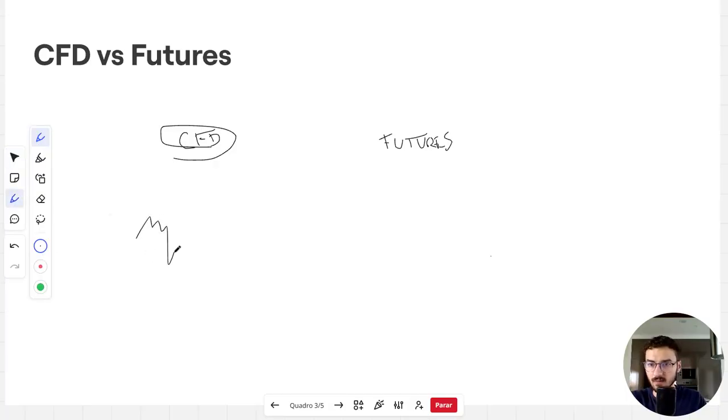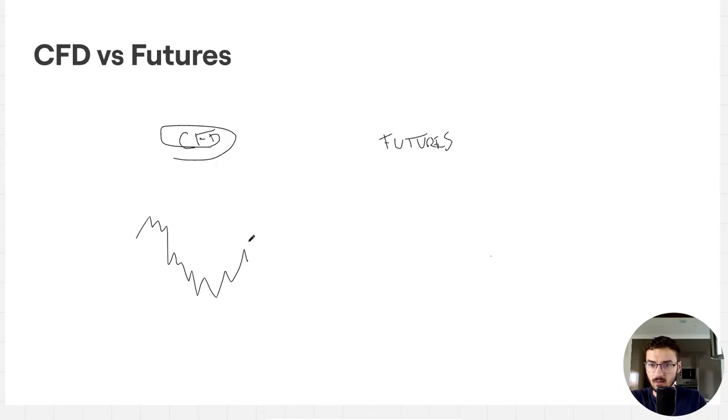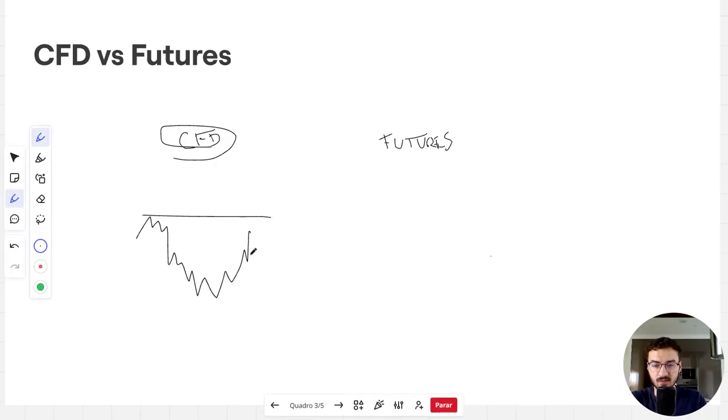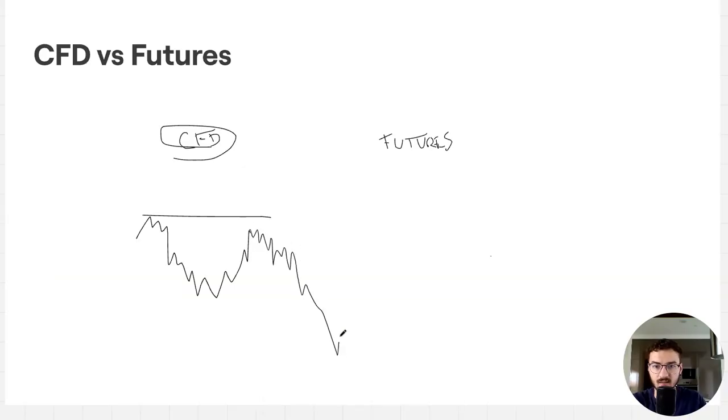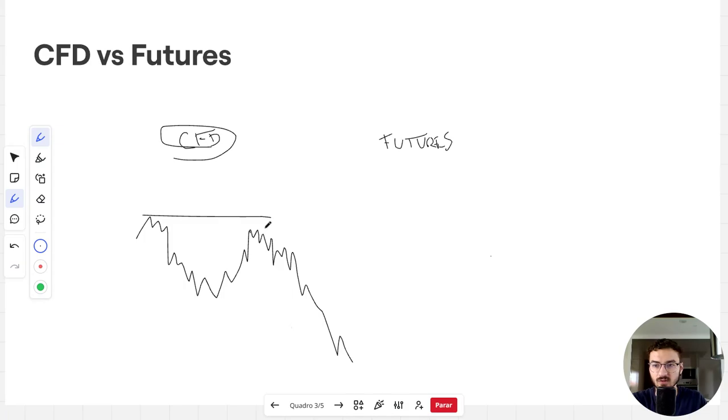Let's say you have a liquidity here that you want to see get taken, and price doesn't end up taking it and just goes down. So in here, what you would like to happen was your broker to give you some price action like this for you to see this on TradingView.